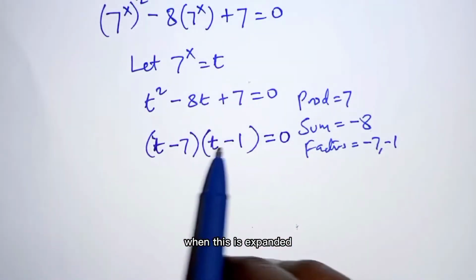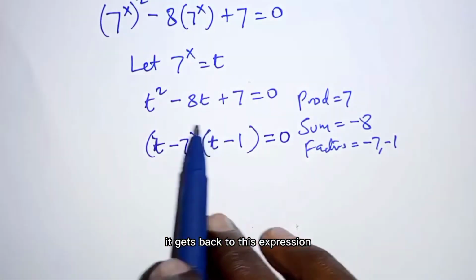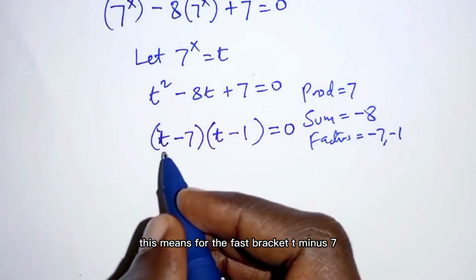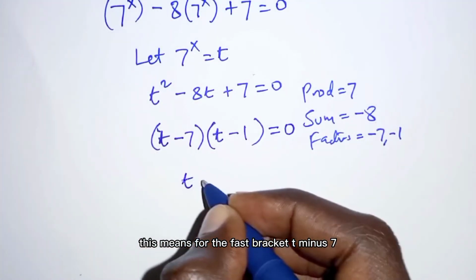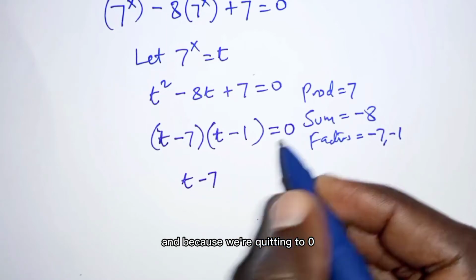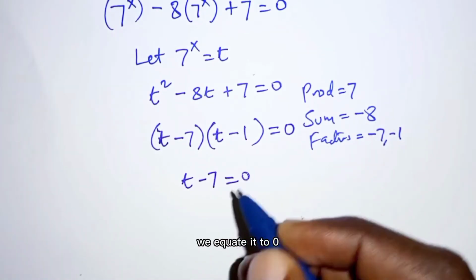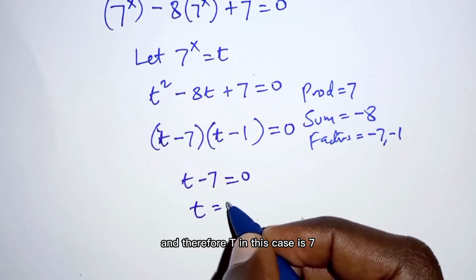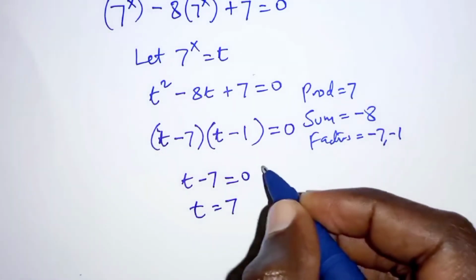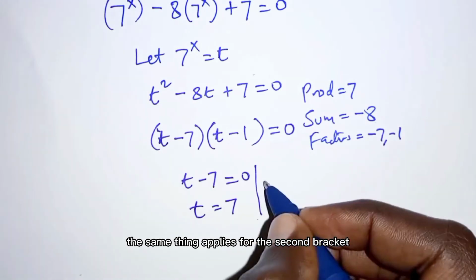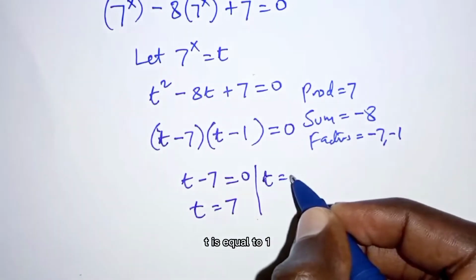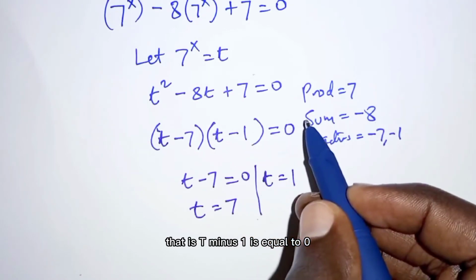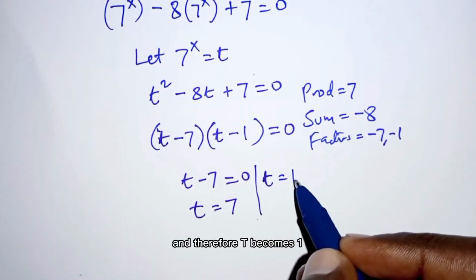When this is expanded, it gets back to the quadratic expression. So for the first bracket, t minus 7 equals 0, and therefore t is 7. The same applies for the second bracket: t minus 1 is equal to 0, and therefore t is 1.